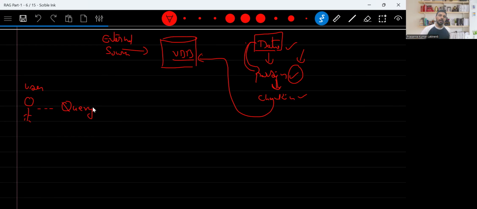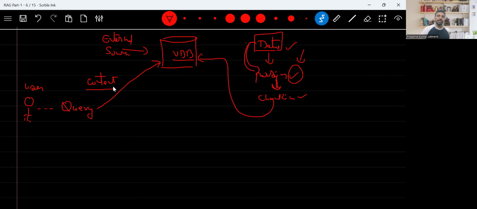Now whenever you write a query, that query will be sent to the vector database. According to the context in which you have prompted and given the query, it will take the similar information.